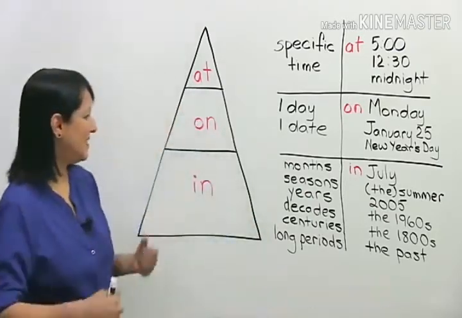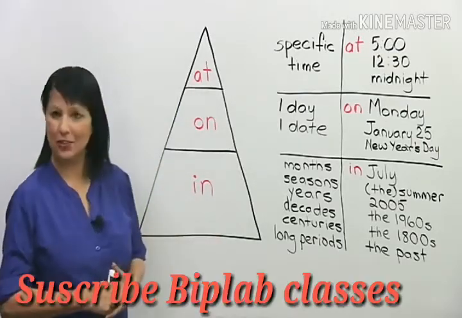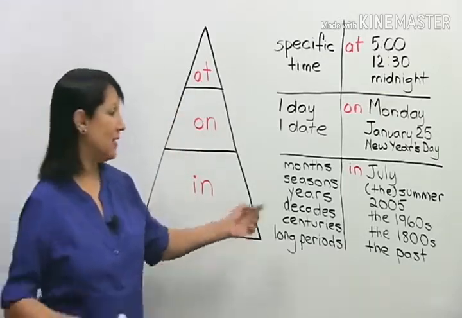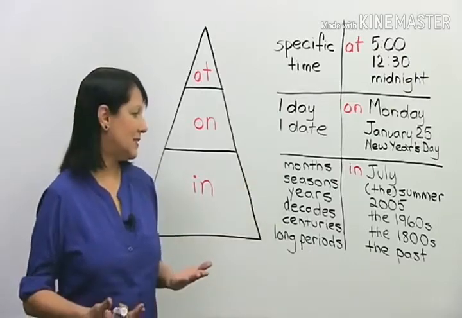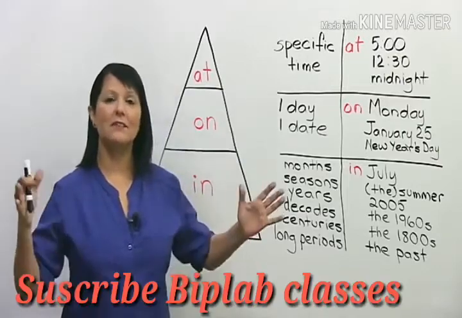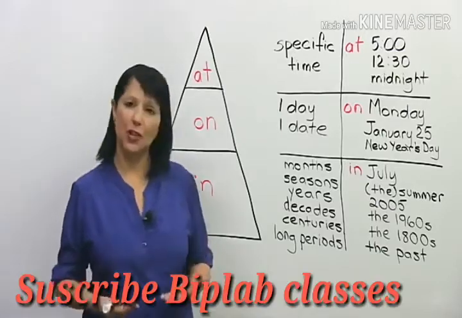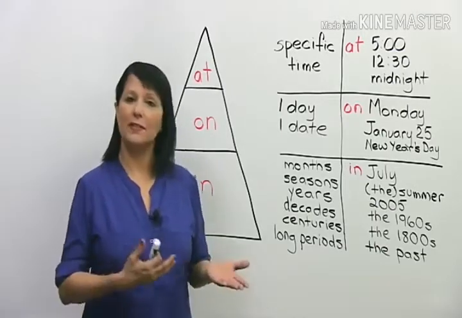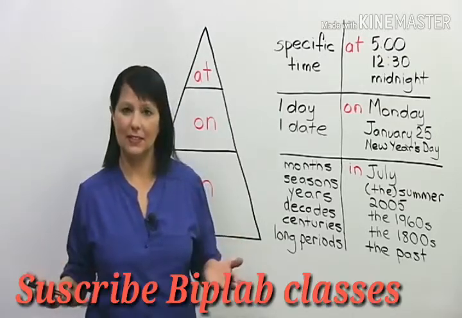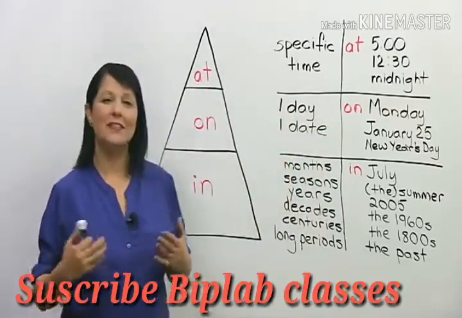Good. Let's continue. Now, in is the widest of the lot, as you can see, like in the triangle. At, on, in. So in covers things like months, seasons, years, decades, centuries, and any kind of long period. For example, we say in English, in July, in summer or in the summer, in 2005, in the 1960s, in the 1800s, which was a long time ago, or in the past.